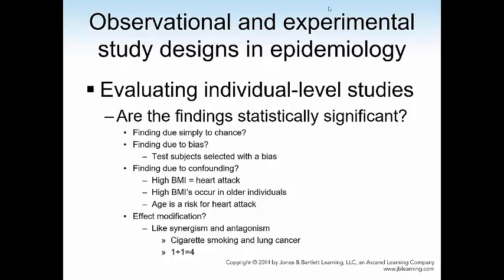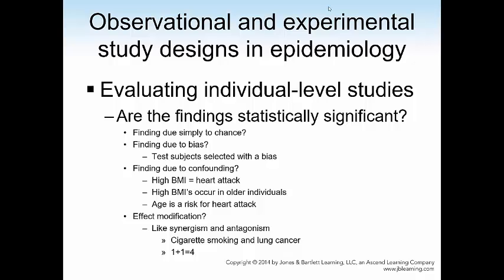Also, you might find that your data has some confounding factors. So your finding is due to a confounding factor. What does that mean? For example, you're looking at body mass index and whether it causes heart attacks. So you're looking at people who have a high BMI, and yes, they have an increased rate of heart attack.